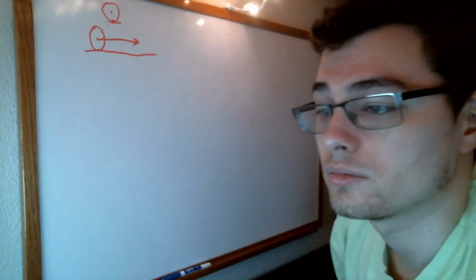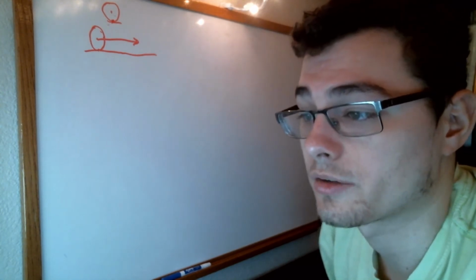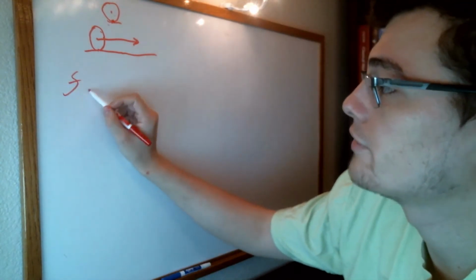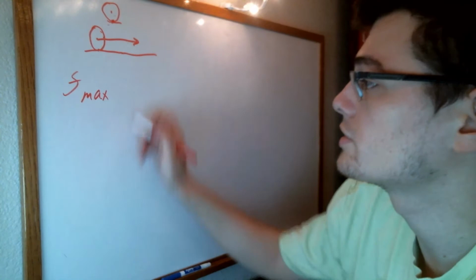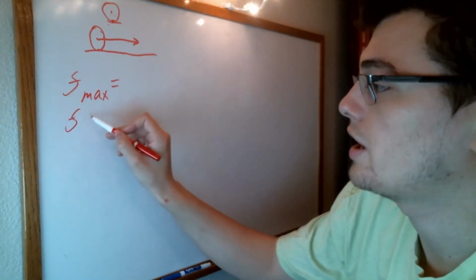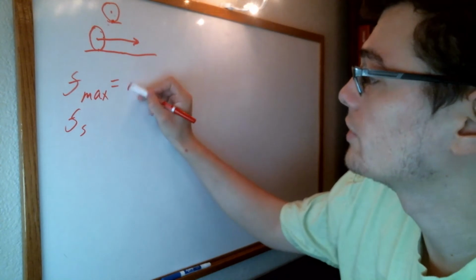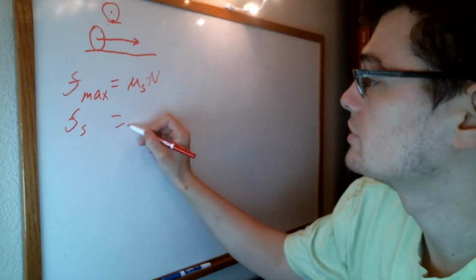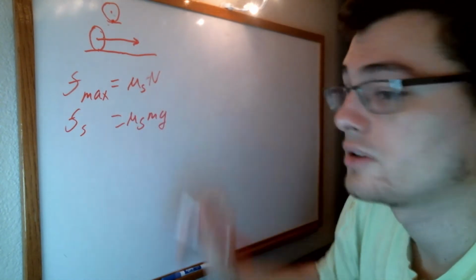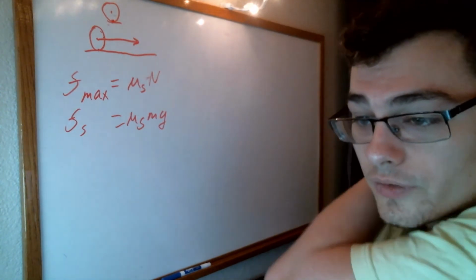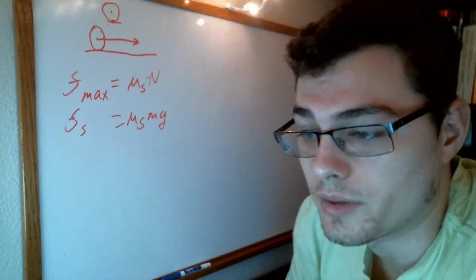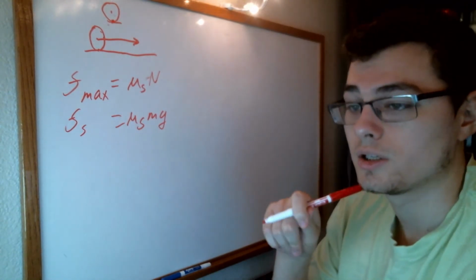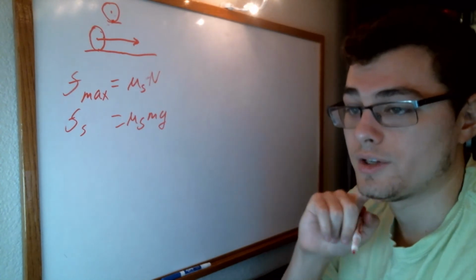So we're trying to find the magnitude of maximum acceleration it can achieve on dry concrete. So we want to find what F max is, which is just the force of static friction. So we have mu s times the normal force N. So this is going to be mu s mg. And then all we have to do to find the maximum acceleration is divide the maximum force by the mass of the truck.